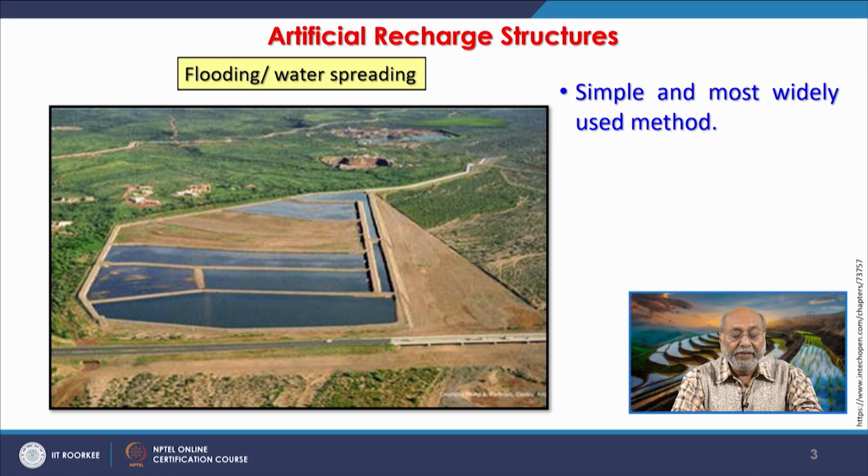Further, a very important thing now being done when we go for flooding and water spreading concerns the high evaporation losses, a component we have also discussed in our earlier discussions. So, how do we minimize these evaporation losses? A new approach is coming in a large way in various parts of India: floating solar panels are being put on the water.